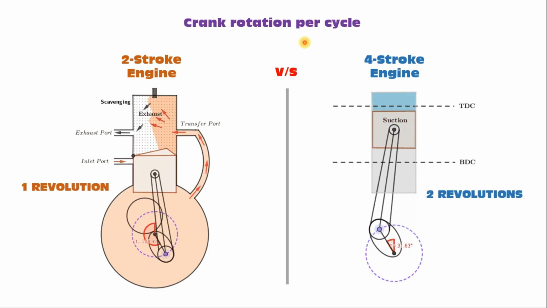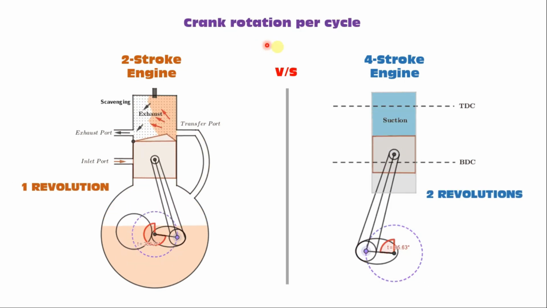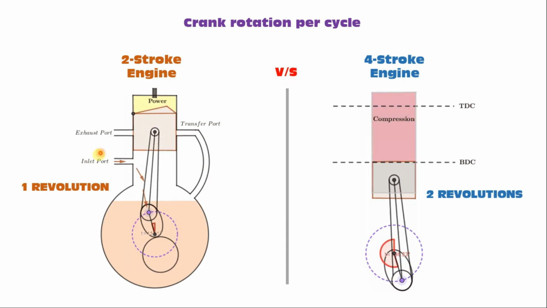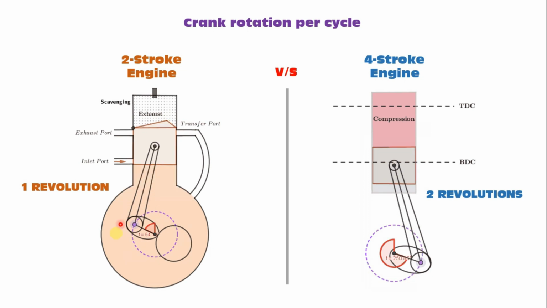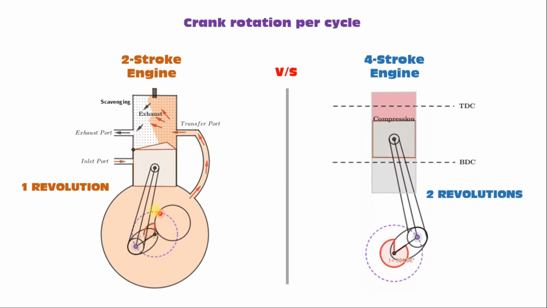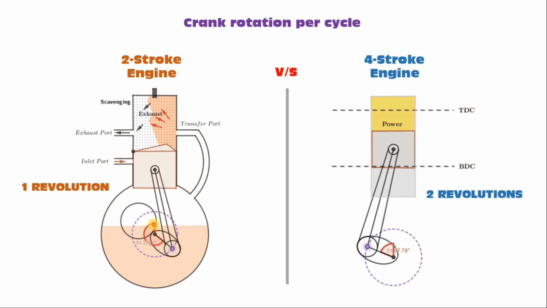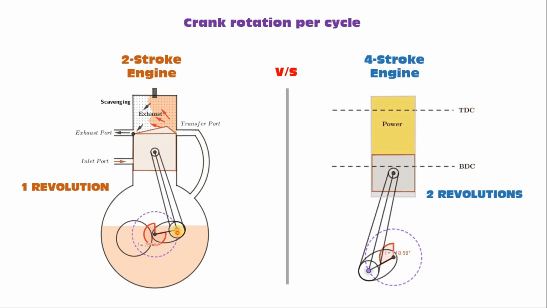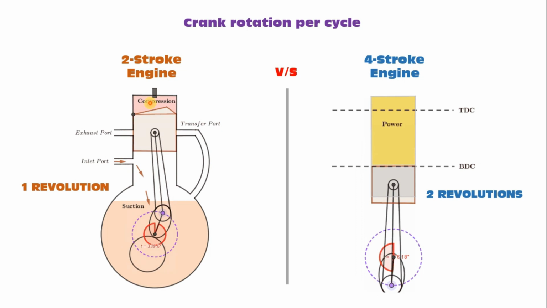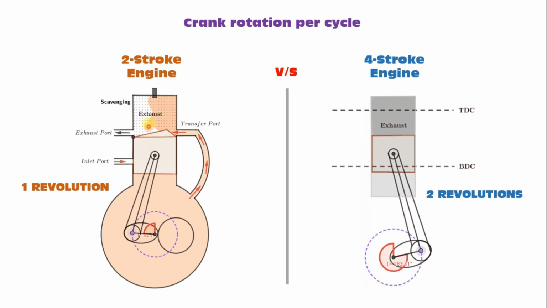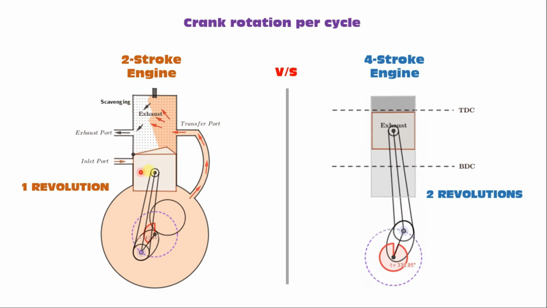Now, based on crank rotation per cycle, meaning to complete the cycle, how much rotation the crank is going to make. In two-stroke, we know that the piston is moving two times, one time down and one time up, and in that movement the cycle is completed.